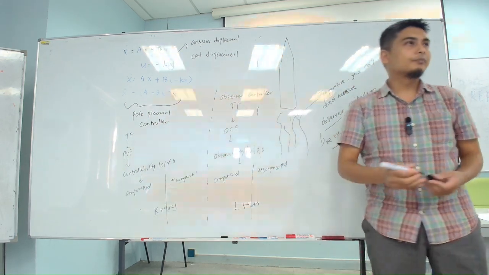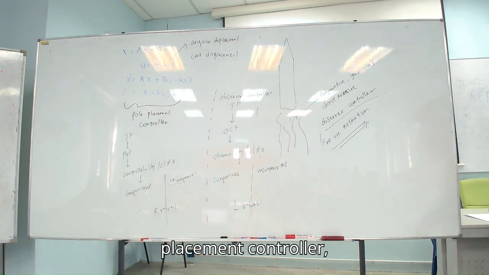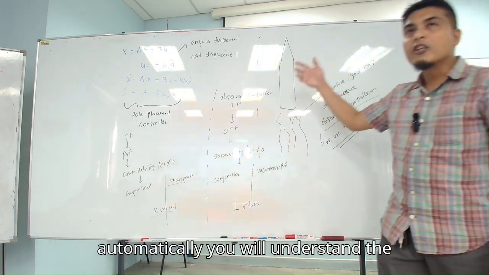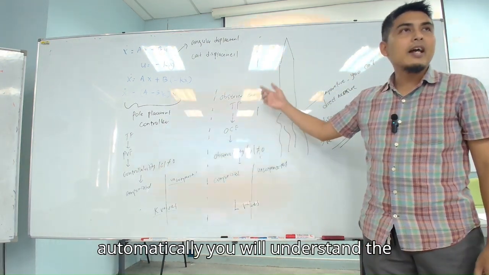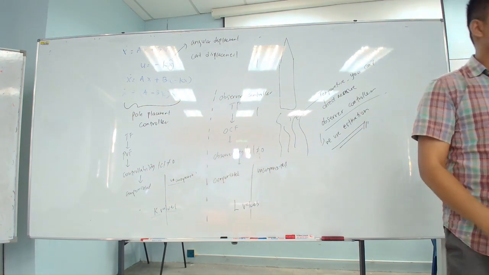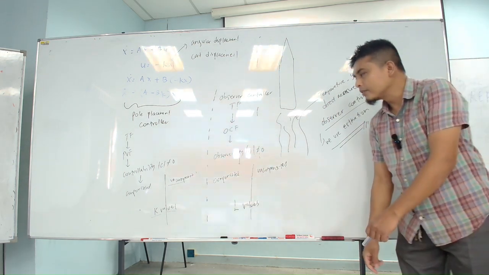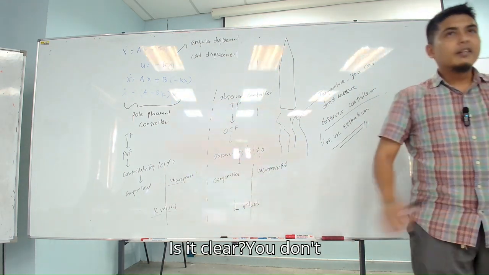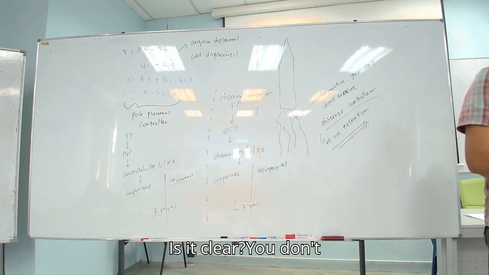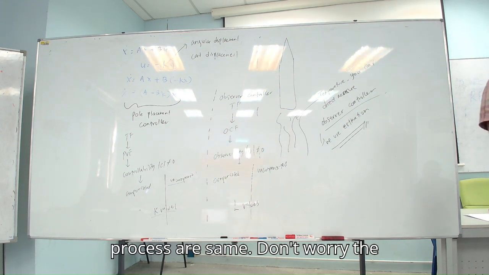Same thing. So if you know the process of the pole placement controller, automatically you will understand the process to get the observer controller. Is it clear? You don't need to study two things, because the process is the same.